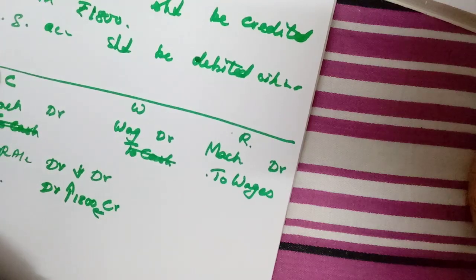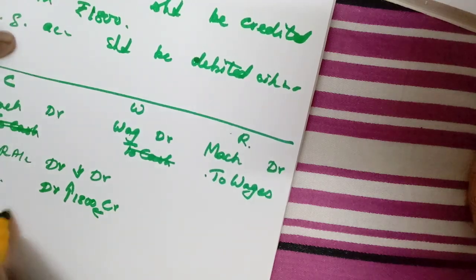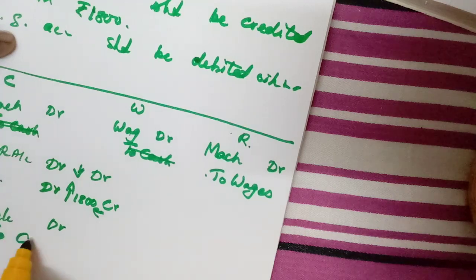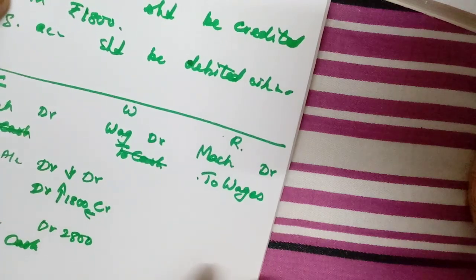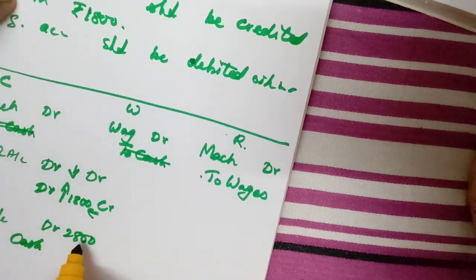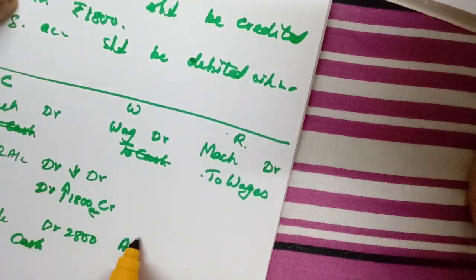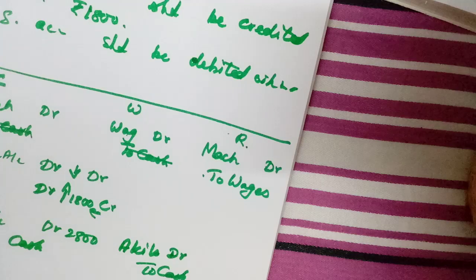We have learnt cash paid to Mukil. What is the entry? Mukil's debtor to cash, 2800. Here it was debited to Akhil's account, so Akhil's debtor to cash. What do we need to do here?